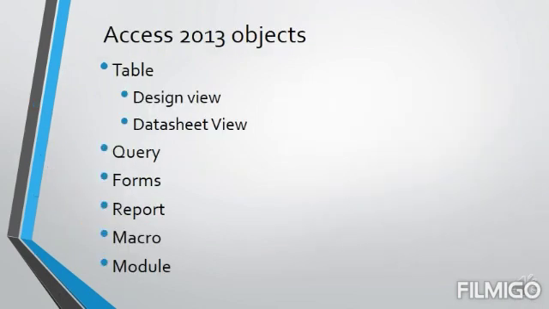Access 2013 objects. Microsoft Access 2013, the software which we are going to use, is the most popular and powerful RDBMS software which comes as an integral part of the MS Office suite of applications. It is used to organize and manipulate data. It organizes data in the form of tables. It provides a facility to create a relationship between these tables using a common field.